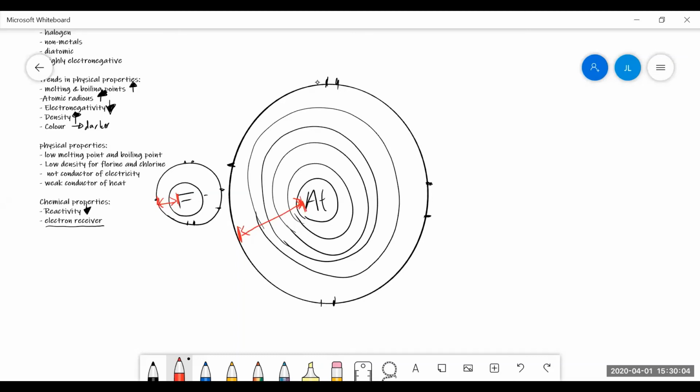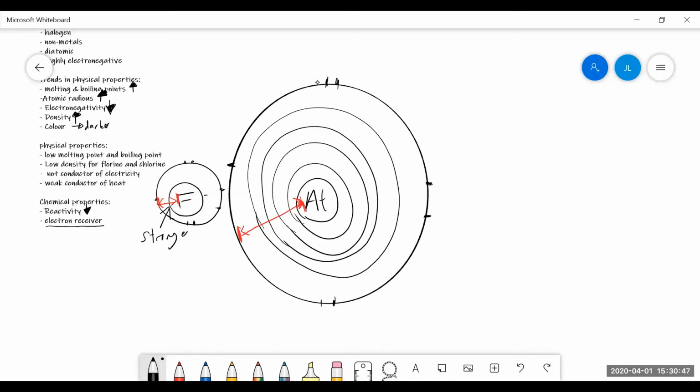So if it is an electron receiver, that means it needs to attract one electron, correct? So which one has a stronger force of attraction? The shorter distance one or longer distance one? Fluorine. So fluorine has a stronger attraction force, because the distance between the valence electron and the nucleus is the shortest.